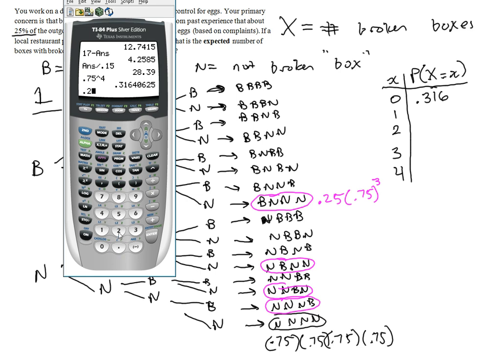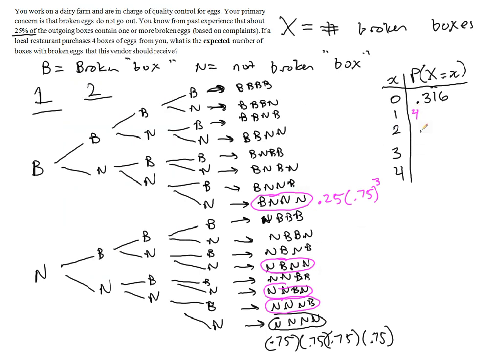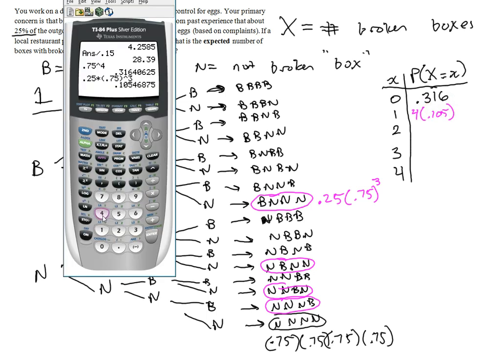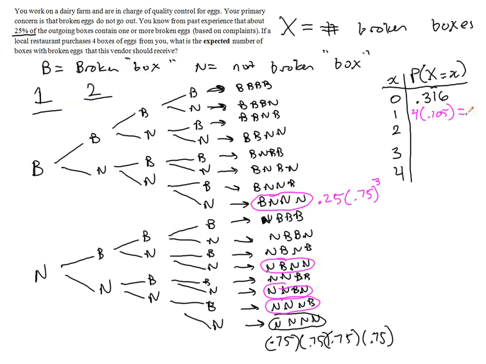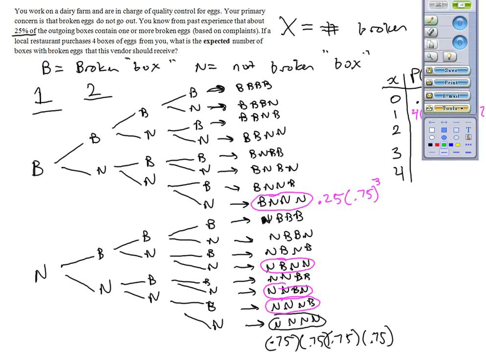So 0.25 times 0.75 raised to the 3rd power will give me 0.105. Because I have 4 of those replicates, my overall probability will be 4 times that. You could just add them together 4 times, but multiplication does that for us. So there would be a 0.42, or a 42% chance of observing 1.